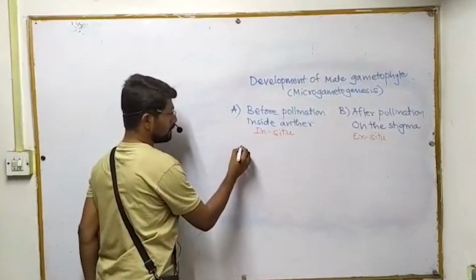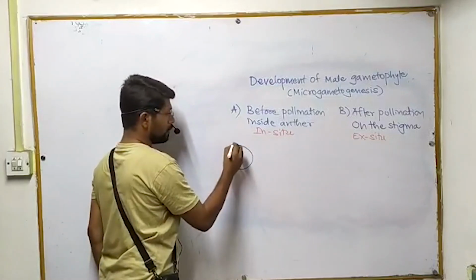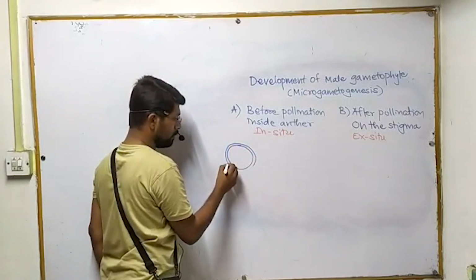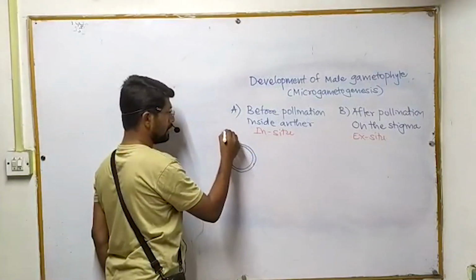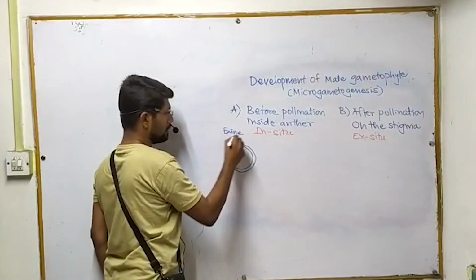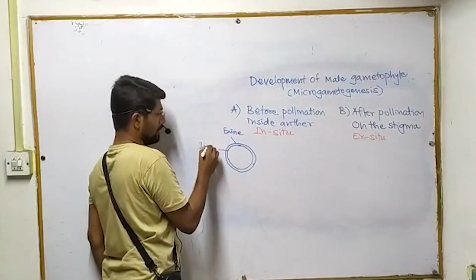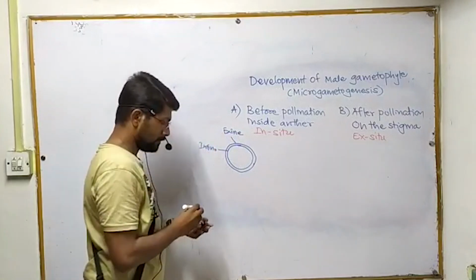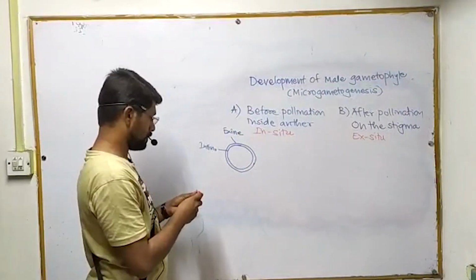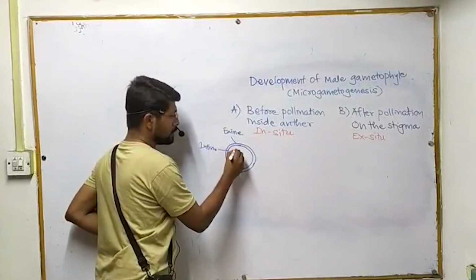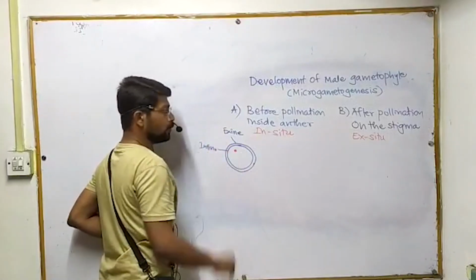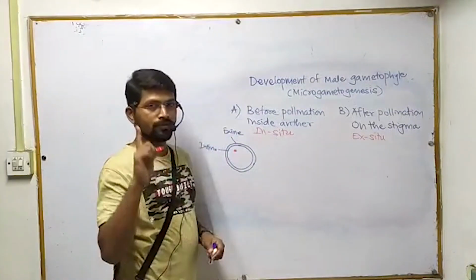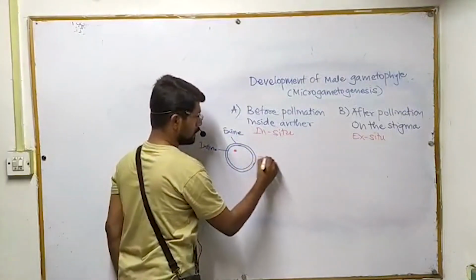This is the single cell microspore having a double layered sporoderm, exine and intine. This one is exine, and the inner is called intine. A single nucleus is present inside this, and this nucleus is haploid. Now, the microspore shows the first mitotic division.